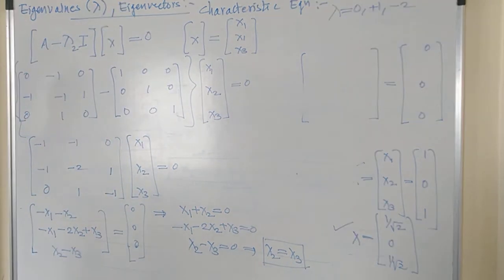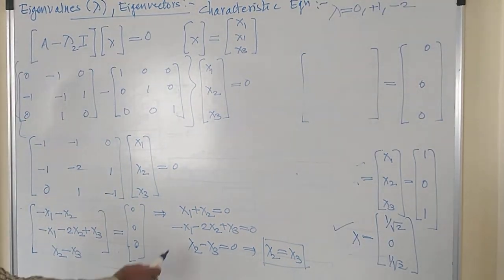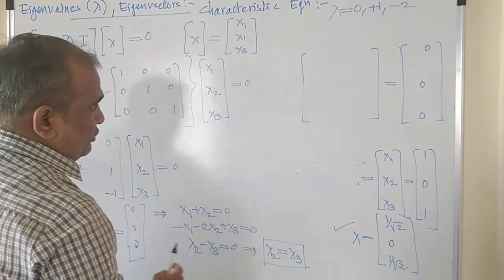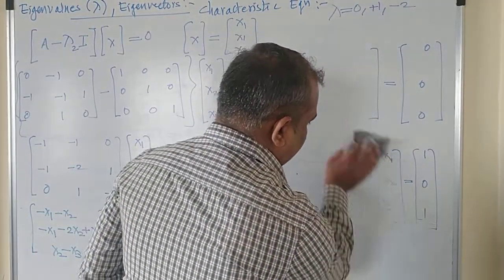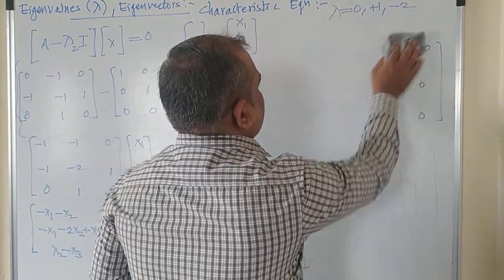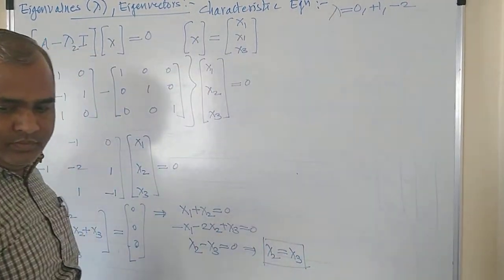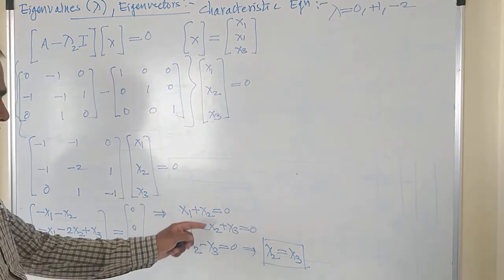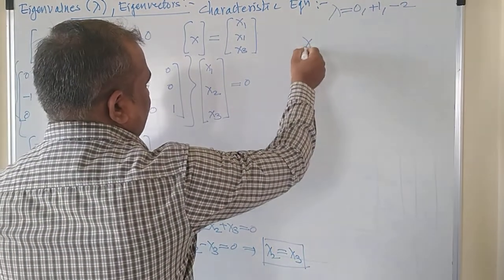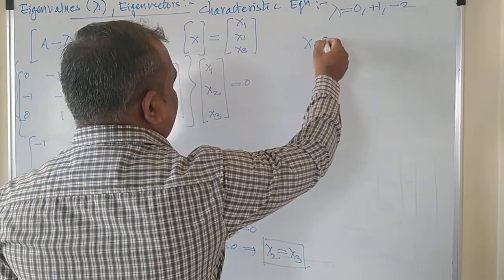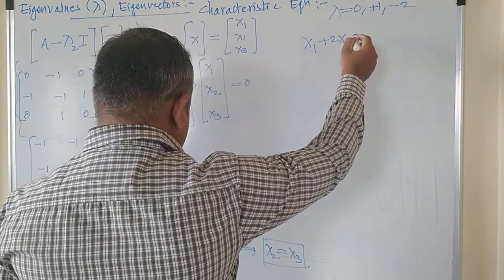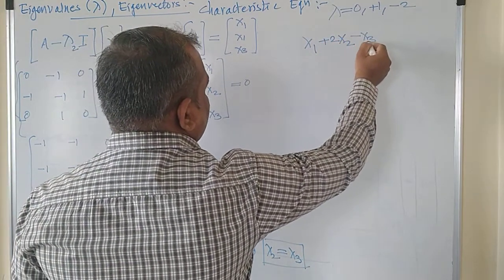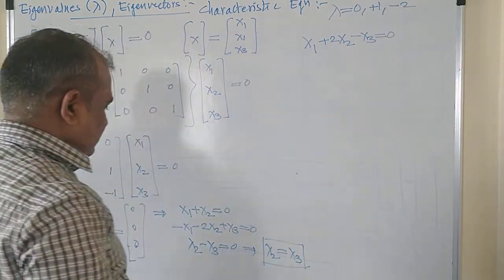Now for equation number 2, I can take out the negative sign common and write it as x1 plus 2x2 minus x3 equals to 0.